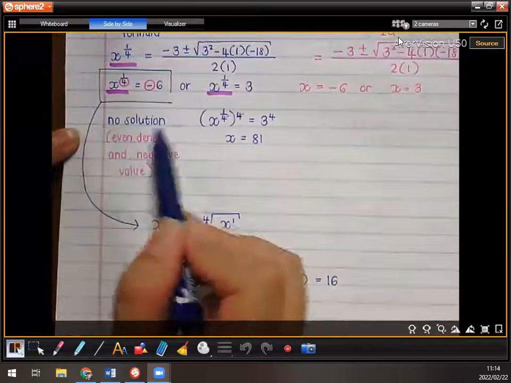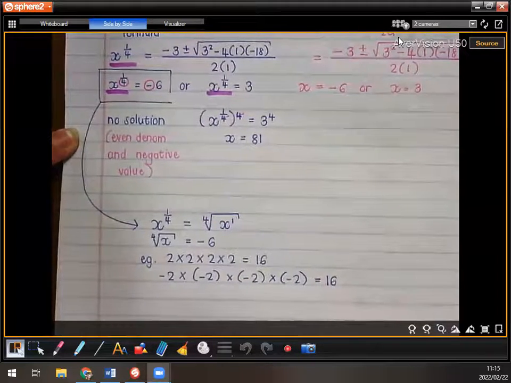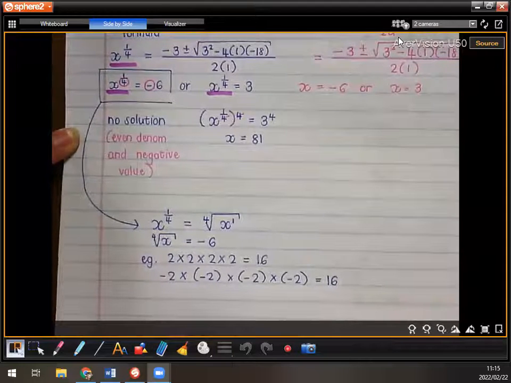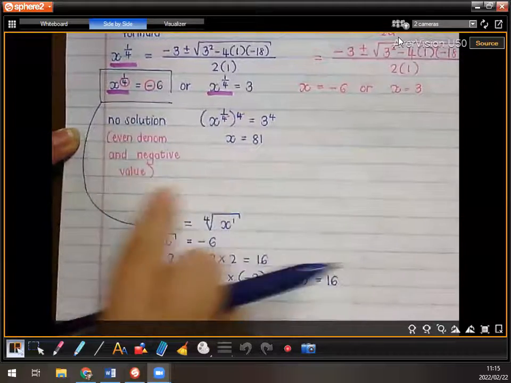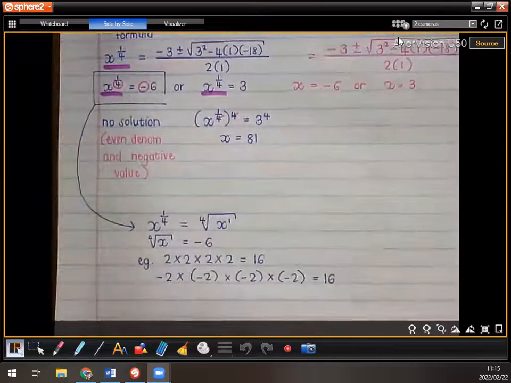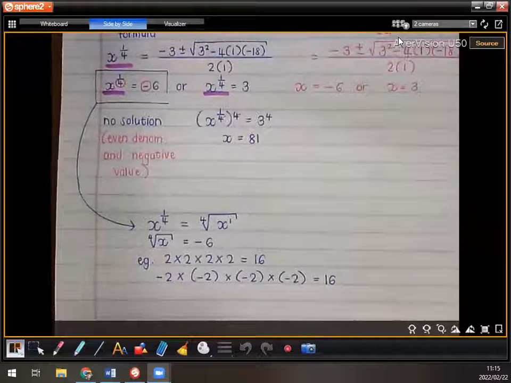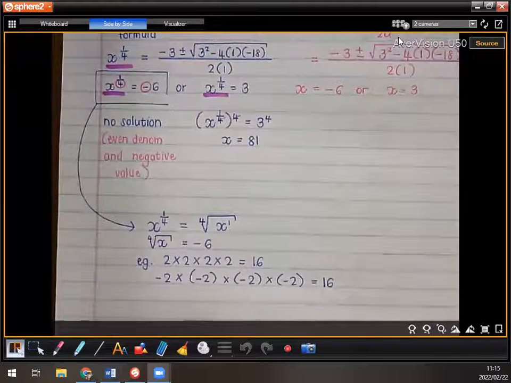So then we have to say no solution. Okay, that's some complicated math that we did now, but I hope that that makes sense. All right. If it doesn't make sense, then I suggest that you just memorize this bit. Okay, even denominator equal to a negative number, no solution. Okay, it won't happen often. It will only happen in these types of questions.